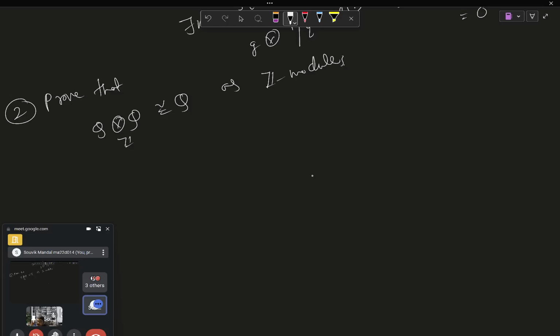Please attempt to solve this question. Are you getting any idea how to solve it?